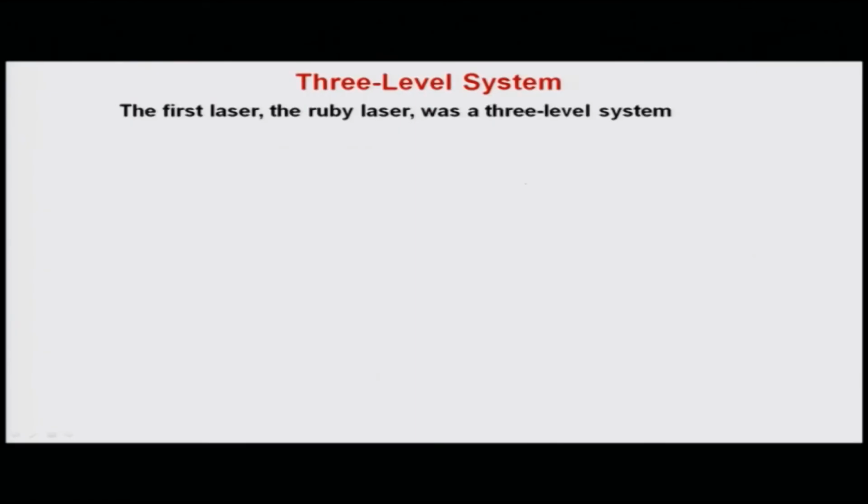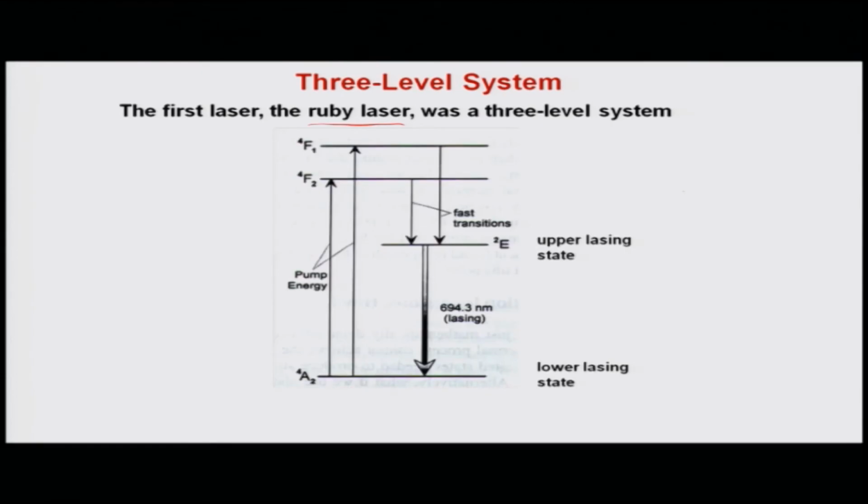The reason why I went through the different pictures is also to make you realize that the first laser that was essentially shown by Maiman is the Ruby laser, which was a 3-level system. So it had fast transitions from the excited states on the Ruby atom.